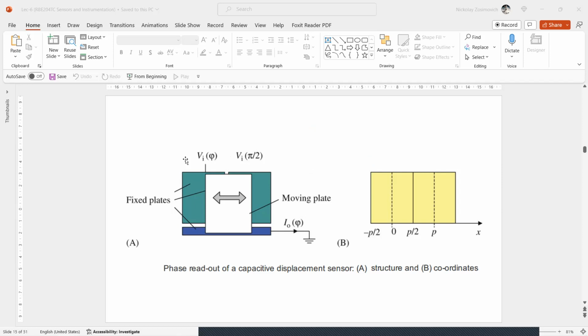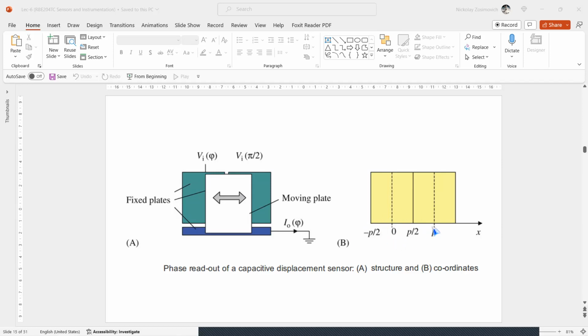And when moving from one electrode to the next, the output phase changes gradually over pi over 2 radians. So, to calculate the phase of the output current as a function of the displacement, we define the coordinates according to figure B, so that we have 0, minus pi over 2, pi, plus pi over 2.